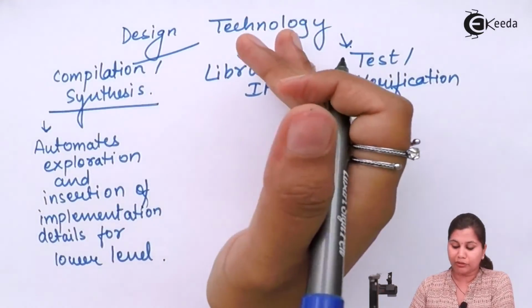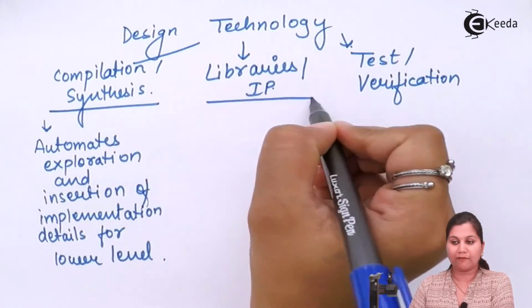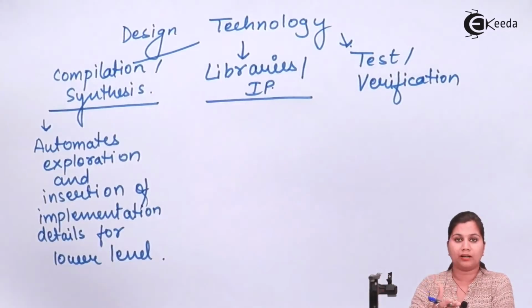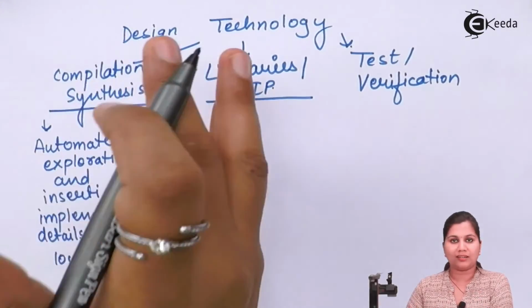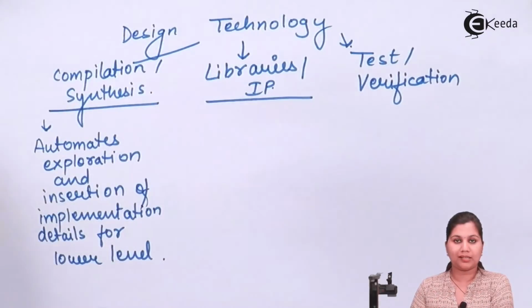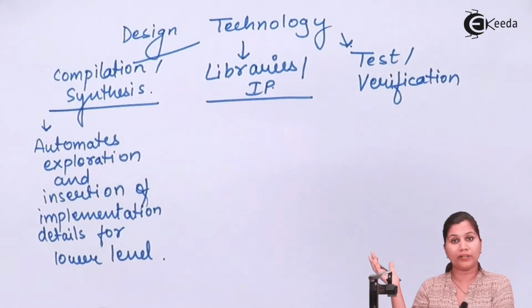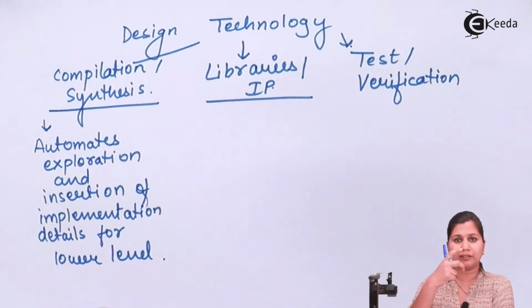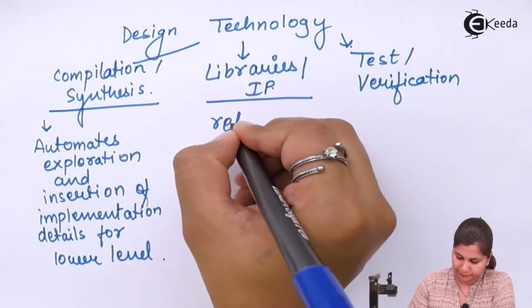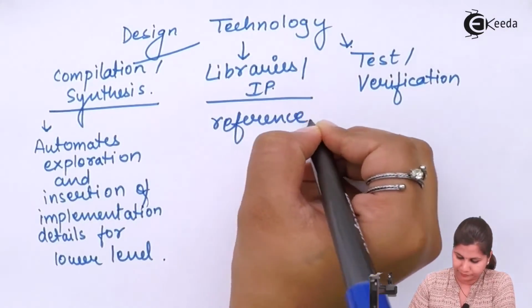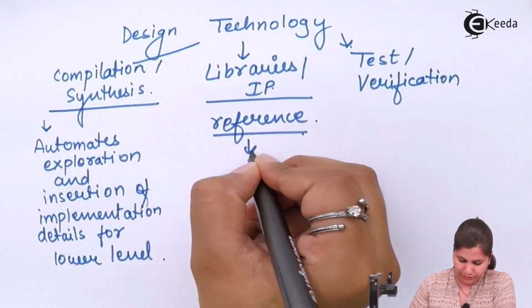Then in libraries and IP, suppose we want to use something. Just as in libraries all the books are kept, in the libraries of the embedded system, systems which have already been developed can be used. Some methods we may want to use in it. So this is used for reference purposes.